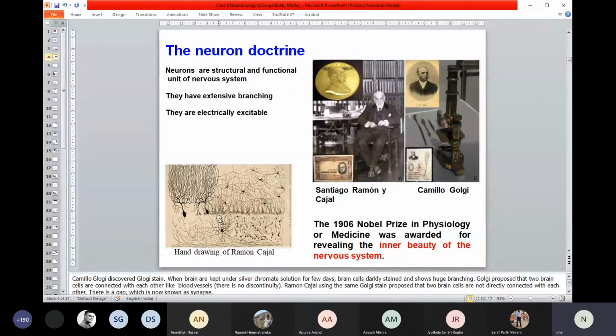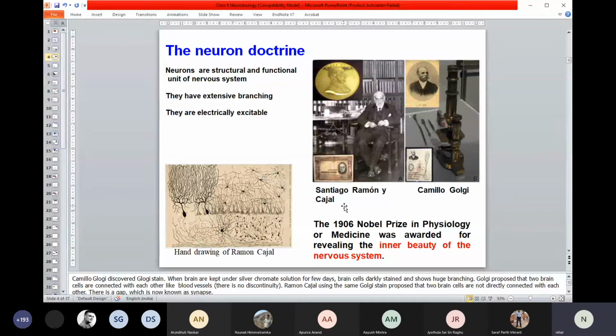But at the same time, there was another scientist, the Spanish scientist Santiago Ramon Cajal. He was using the brain, but he came up with a completely different conclusion from Camillo Golgi. Golgi said the two neurons are directly connected with each other by a continuous process.